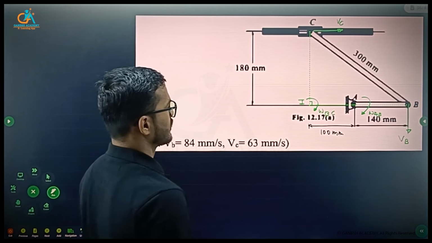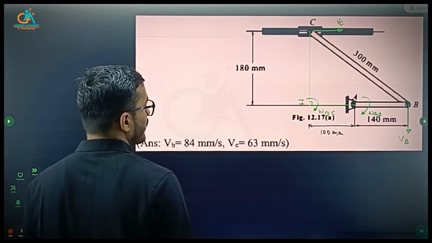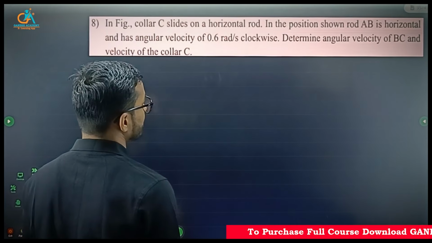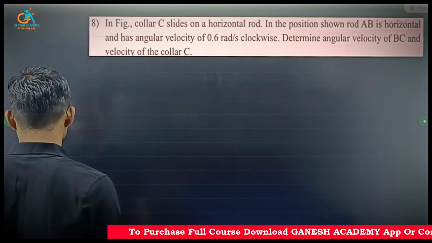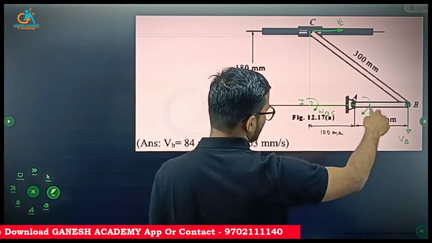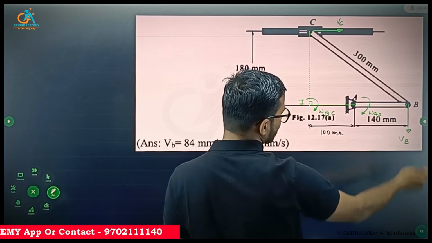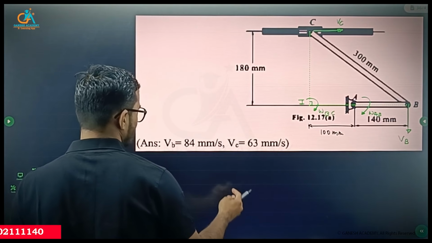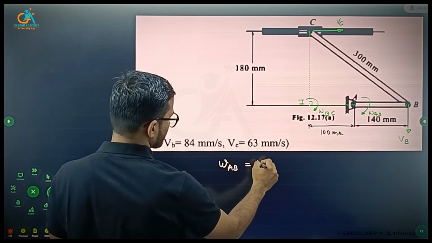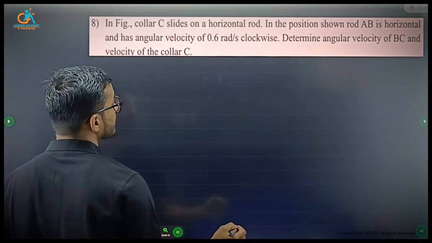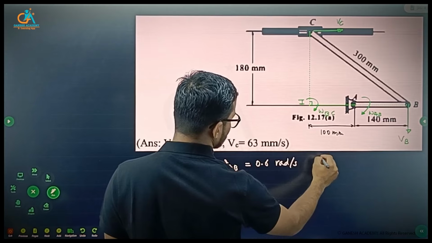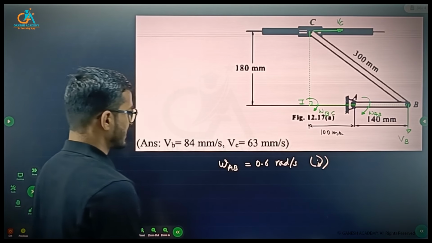Next, first they are asking us to calculate the angular velocity of BC and the velocity of collar C, that means VC. The angular velocity of AB is mentioned, which is 0.6 radian per second in the clockwise sense, right?